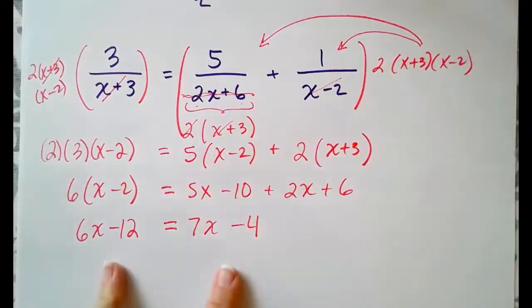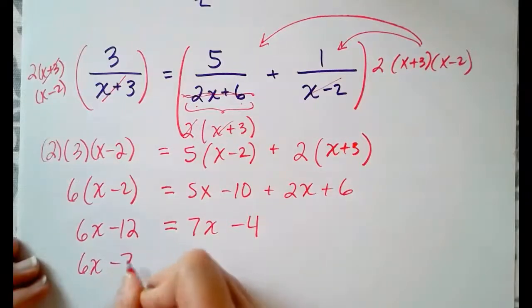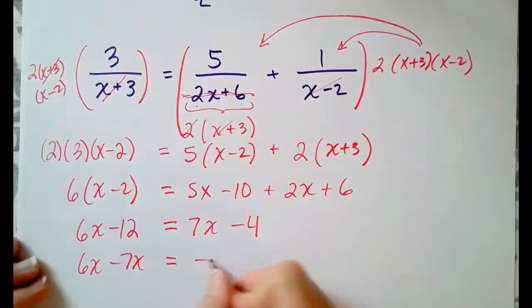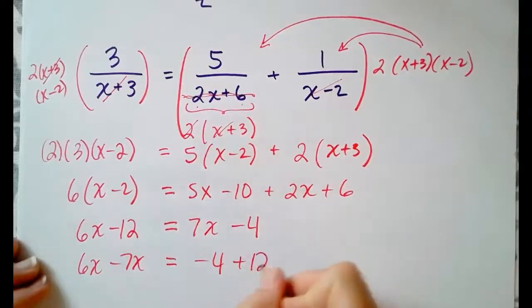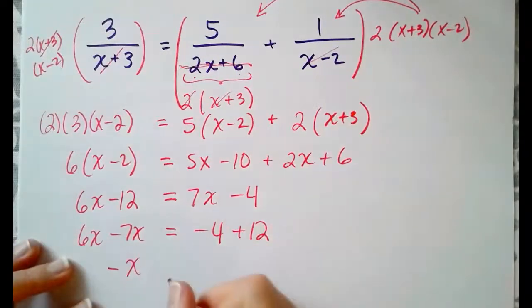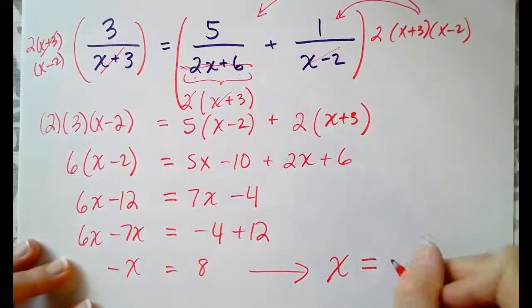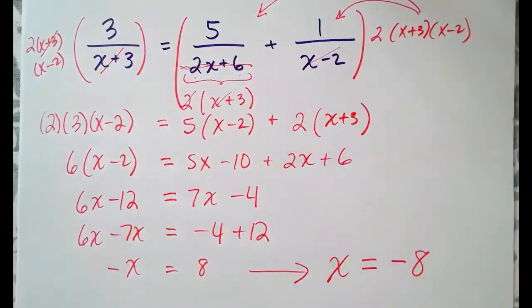So now we're down to a very simple equation. 6x minus 7x equals negative 4 plus 12. So that's negative x equals 8. And if negative x equals 8, then x equals negative 8.